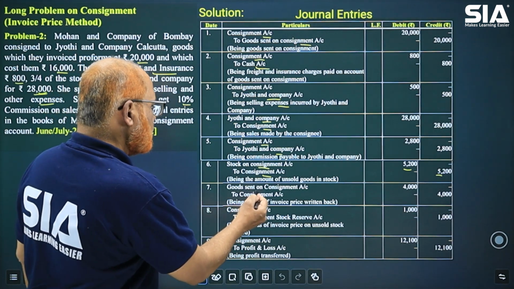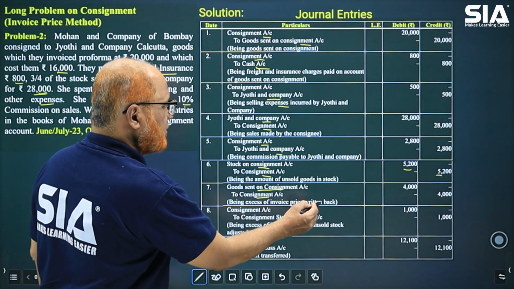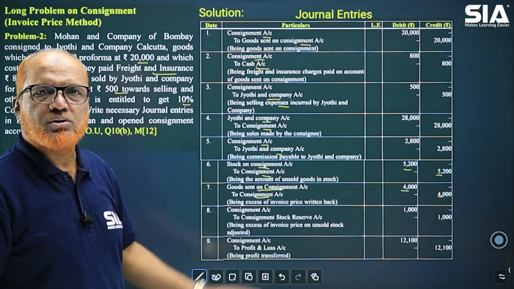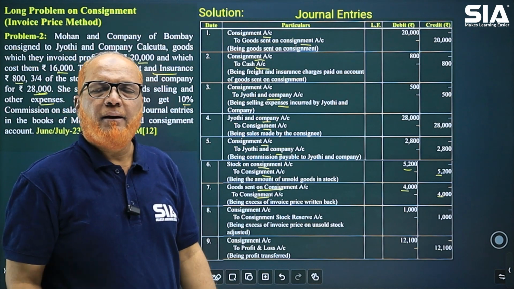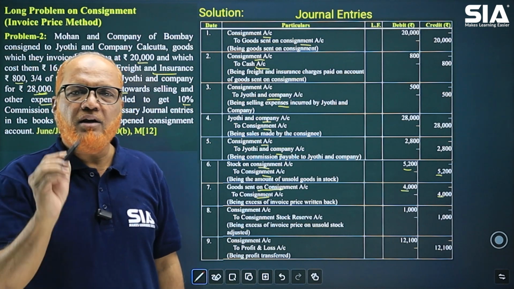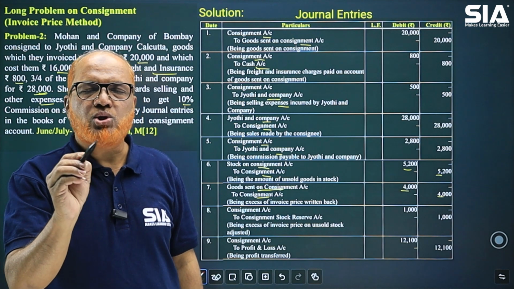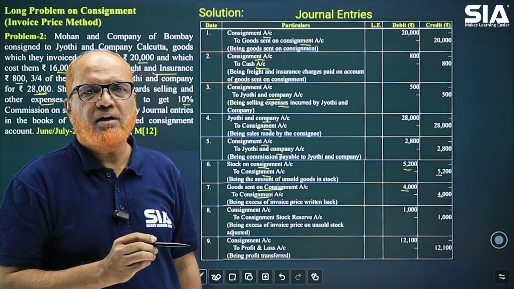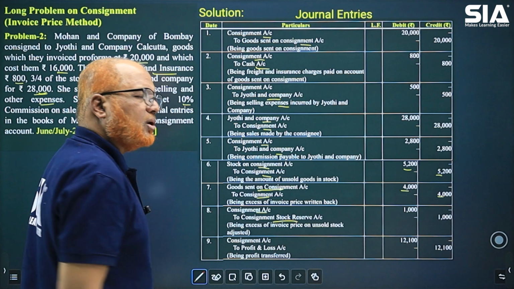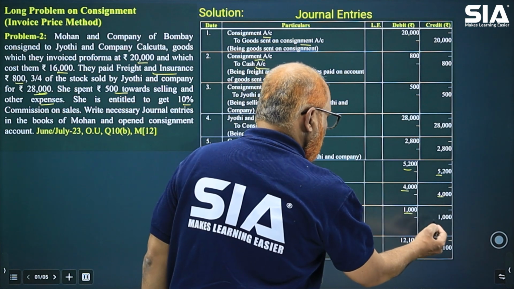The entry is goods sent on consignment account debit to consignment account, being the excess of invoice price over cost written back, 4,000, as shown in the working notes. The next entry removes the loading in unsold stock: consignment account debit to consignment stock reserve, 1,000, as calculated in the working note.